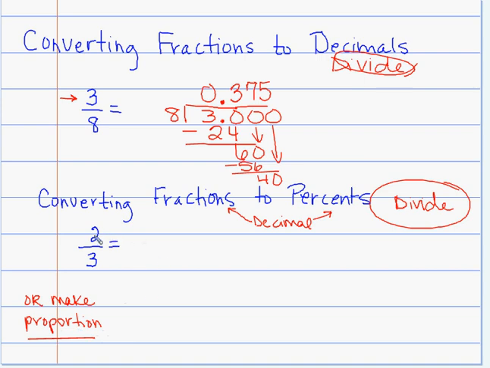Proportion. Okay. 2/3, we're going to divide that. We're going to go, 3 goes into 2, how many times? It'll be a 0. We'll bring the decimal up. This would be a 6, 18, subtract 2, add a 0, 20. That'll be a 6. Okay.